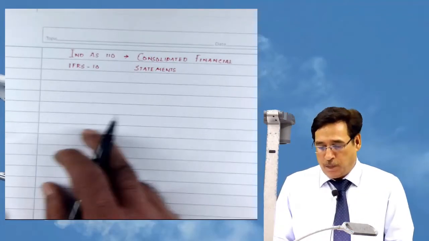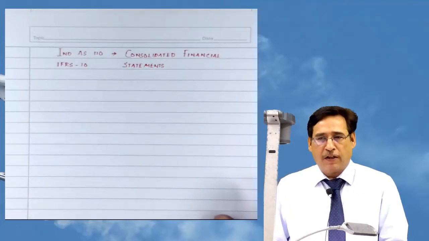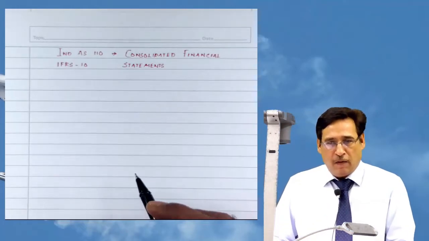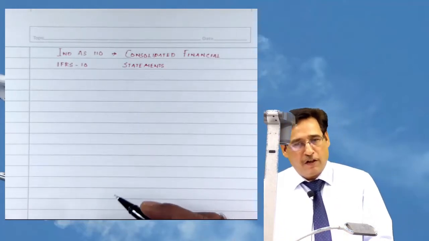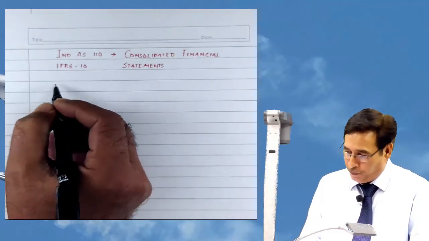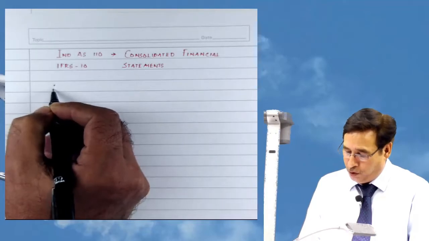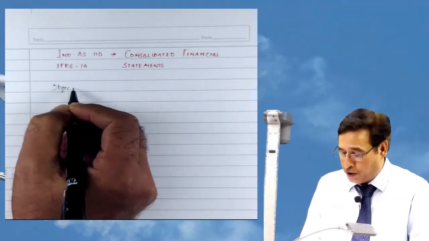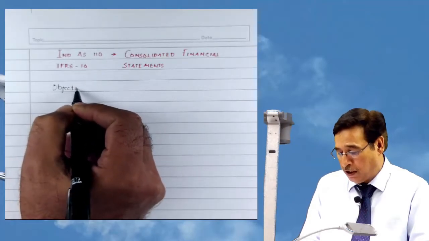Initially, the work I am going to do before you is a sort of rough work. Whether you write it is entirely up to you, but later on we will definitely write each and every point, correct? Now we come to the point. First of all, we need to know the objective of this standard.